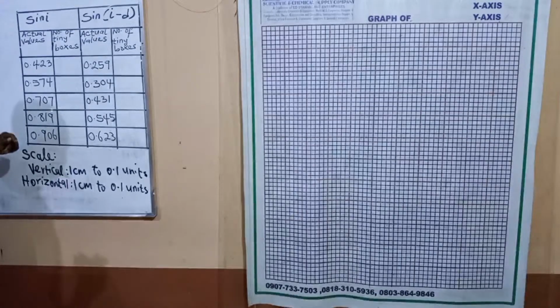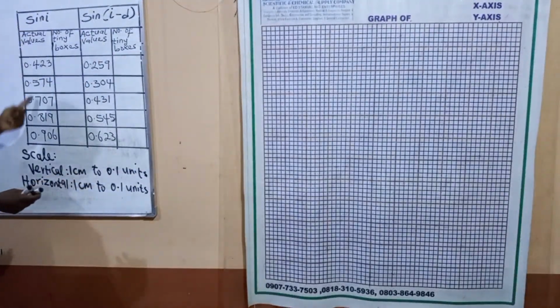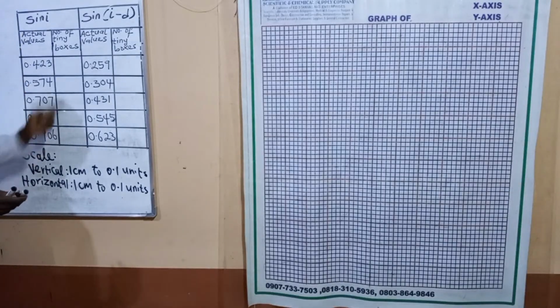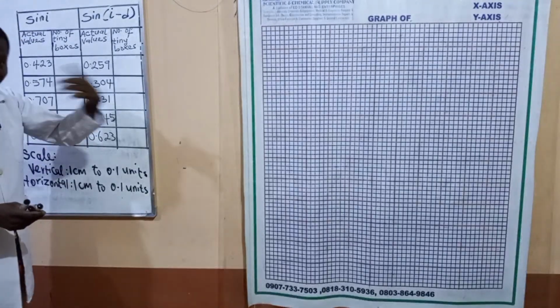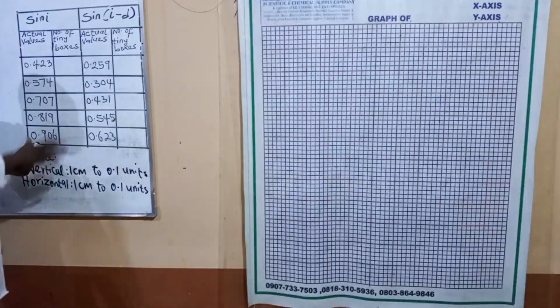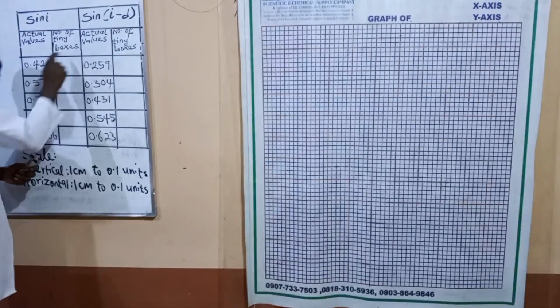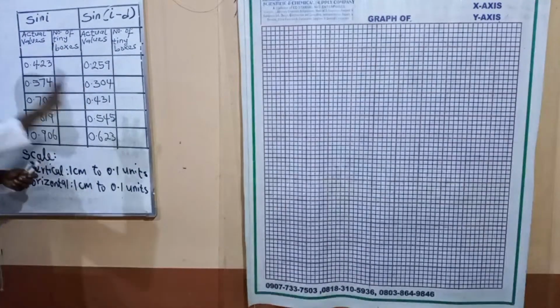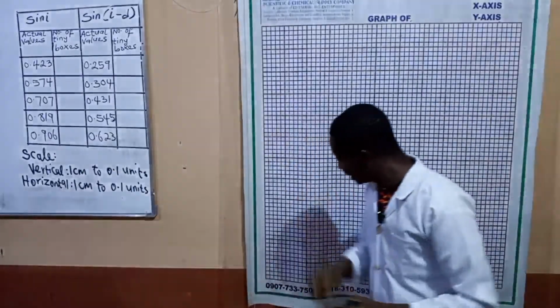Then we can choose our scale at the vertical axis. We are using sin i on the vertical axis and sin i minus d on the horizontal axis. So what we are going to do first, you can see there we have a number of tiny boxes. We have very small boxes here.